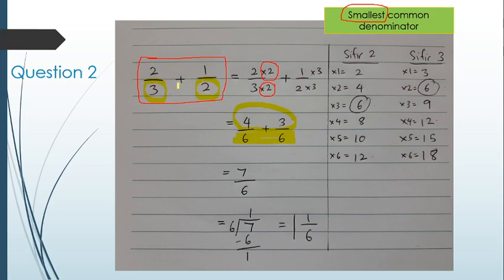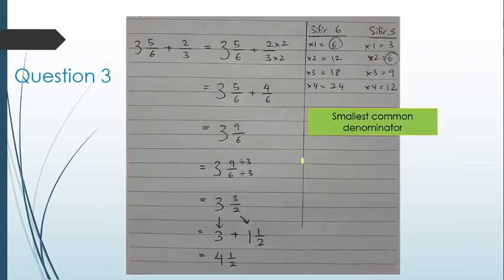To make it the same, you list down and find the smallest common denominator in the CFA. That is one of the reasons I always emphasize you to memorize your CFA. There are a lot more subtopics that you need to master your CFA or your multiplication fact. Okay, so done here. 1 over 6.